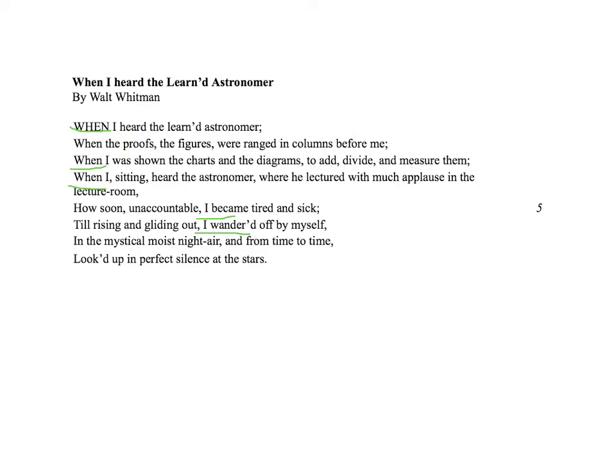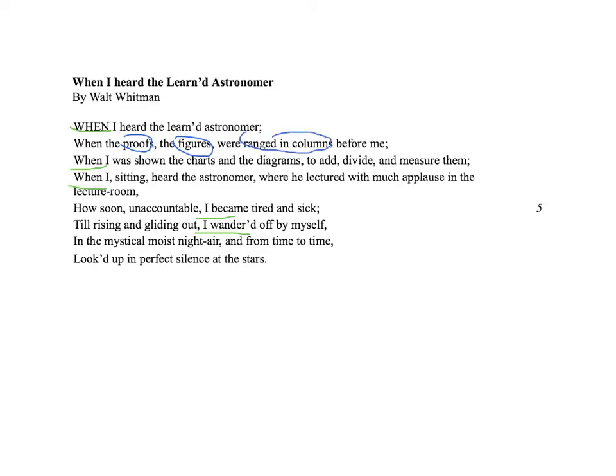The use of cataloging in the first four lines creates a mental picture of the lecture given by the astronomer. It was focused on facts, data, and numbers: proofs, figures, arranged in columns.